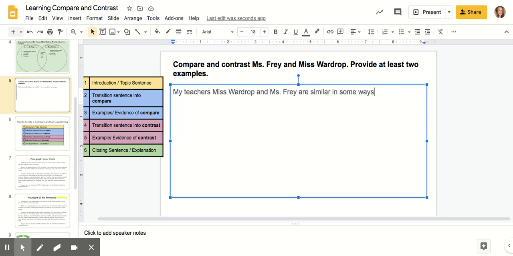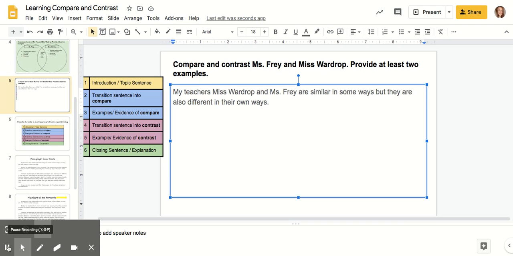So I'm going to type that they are also different in their own ways. The word different tells me that we are contrasting. So my topic sentence says, my teachers, Miss Wardrop and Miss Fry, are similar in some ways, but they are also different in their own ways. Just by reading that sentence, I know who we're talking about and what we're going to be talking about.